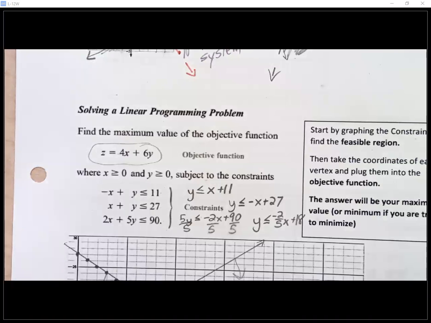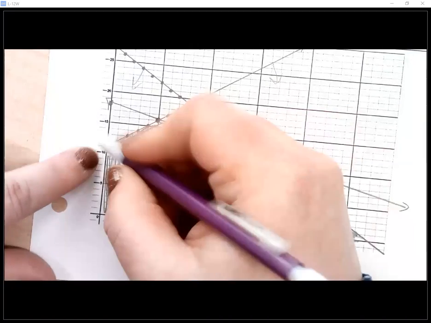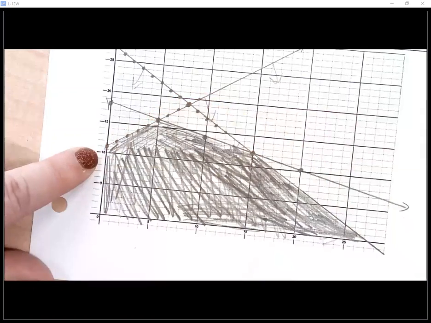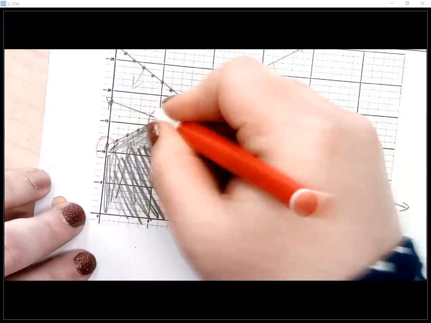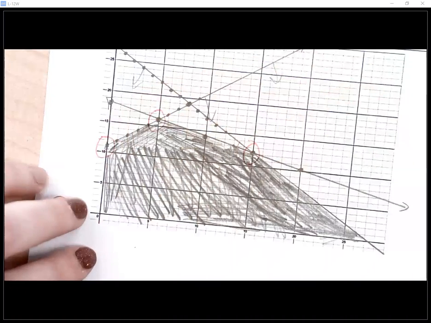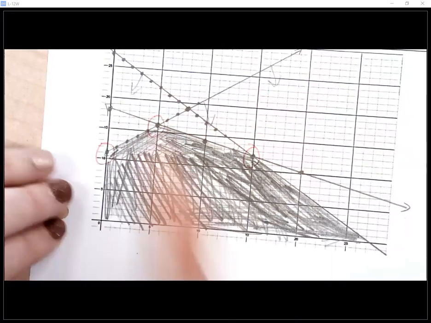Okay, so let's take a look at some of our vertices. If I'm looking at the shape, it doesn't matter what order you start in. I'll circle them. There's one right there. There's one. There's one. And now we do sort of bound off the negatives.